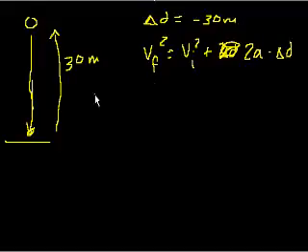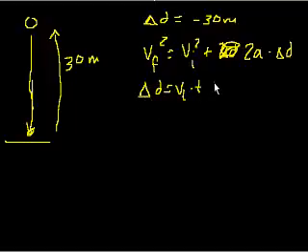Sometimes I'll just write that as distance. And then change in distance is equal to the initial velocity times time plus acceleration times t squared over 2. And then there are the other ones: change in distance is rate times time, and velocity is acceleration times time, and you know about average velocity, et cetera.